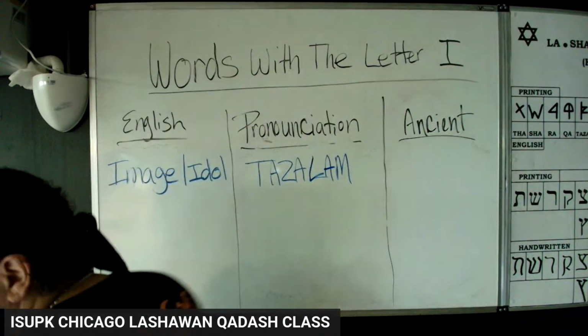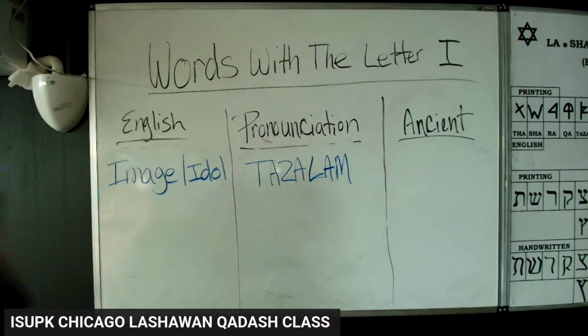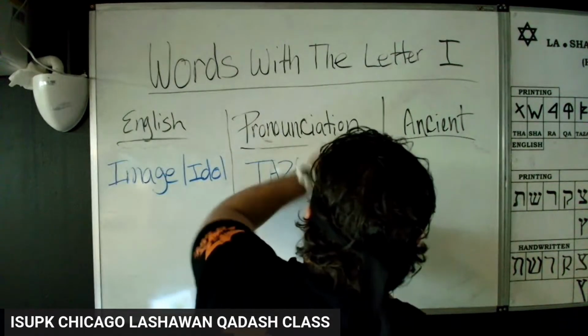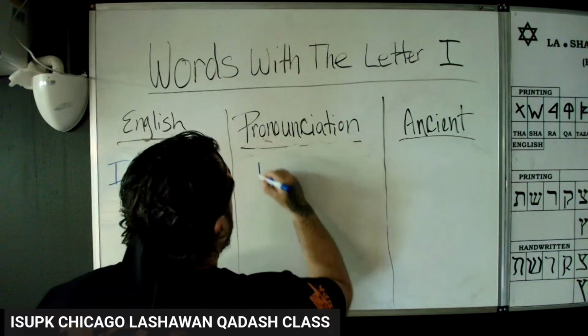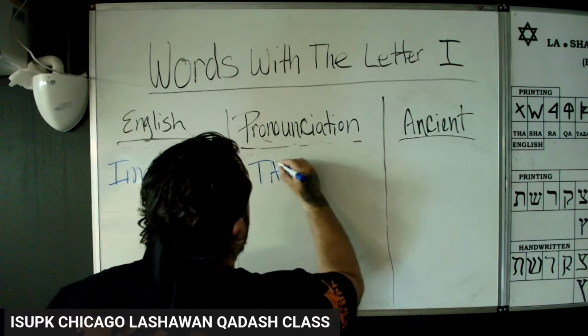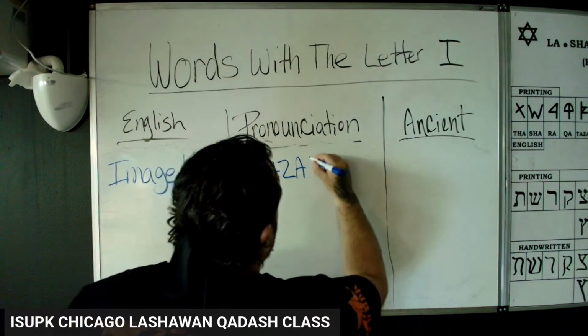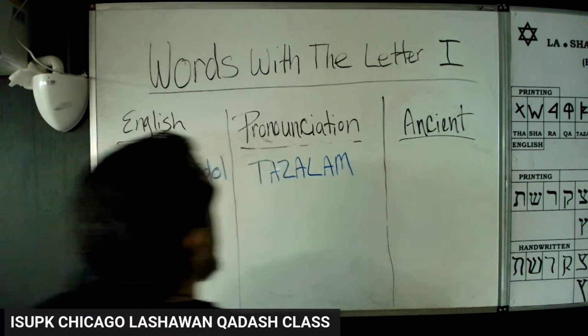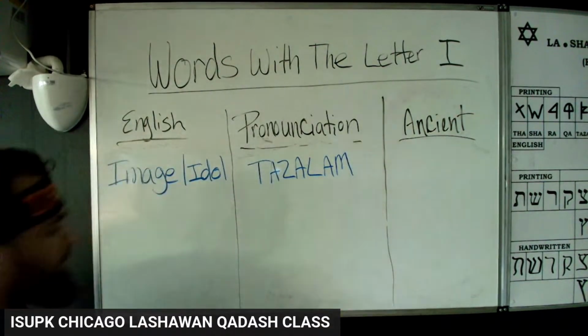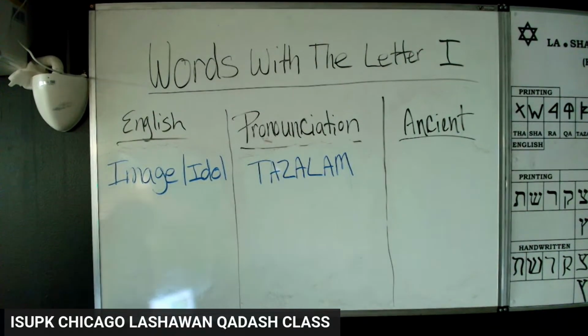You know what? My writing's broken right there. Let's go ahead and fix that. Like I always say, my writing ain't perfect, but we got it. Ta. Taza lung. All right.